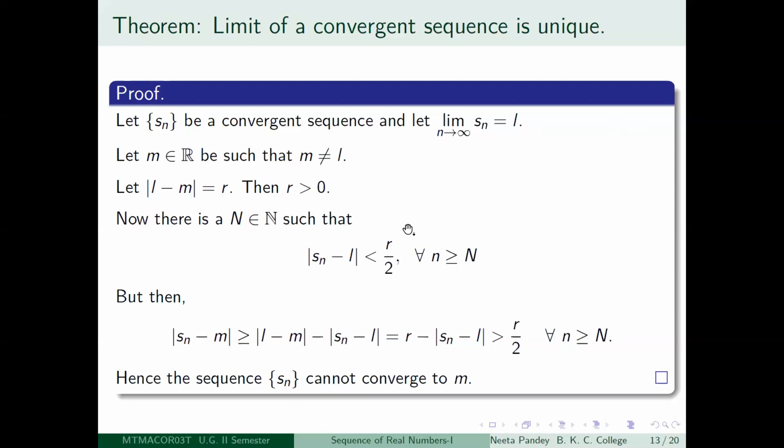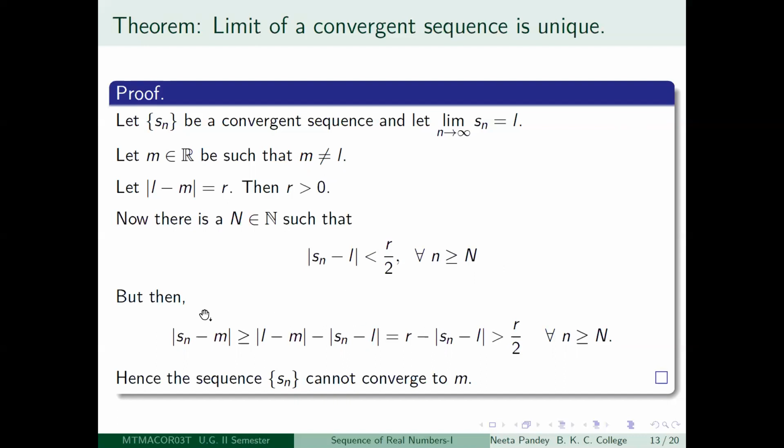This is deliberate. I have not taken R, but R by 2, for ease in calculation. So for all little n greater than or equal to capital N, mod Sn minus L is less than R by 2.